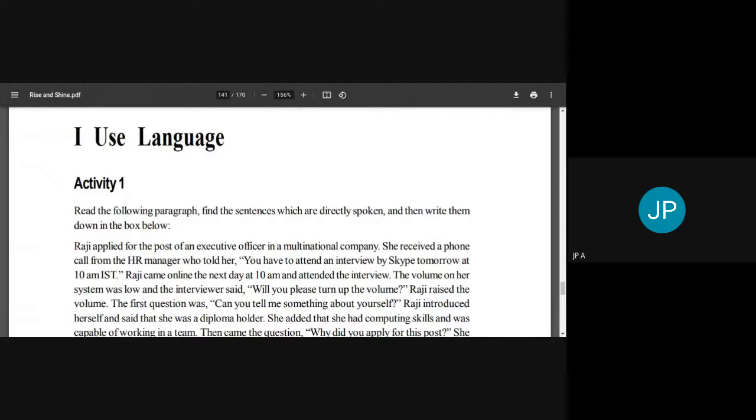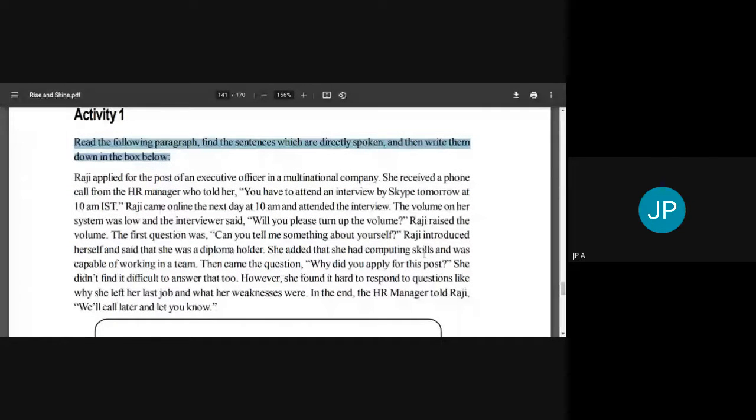So here, if you look at this instruction in this activity, it says that we have to read that paragraph and find the sentences which are directly spoken by somebody. So that is the instruction. I'll repeat. The instruction is that we have to identify the sentences which are directly spoken by someone in the paragraph.